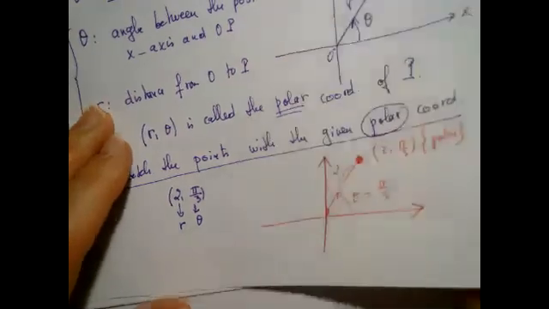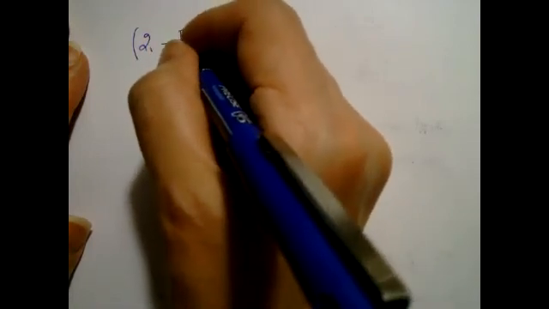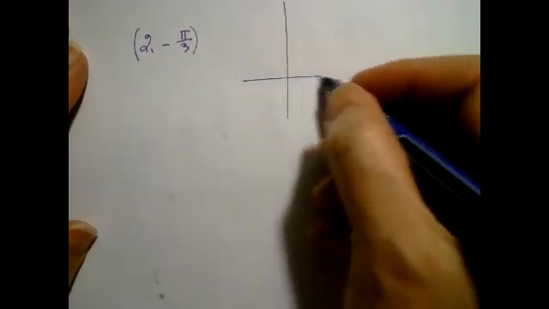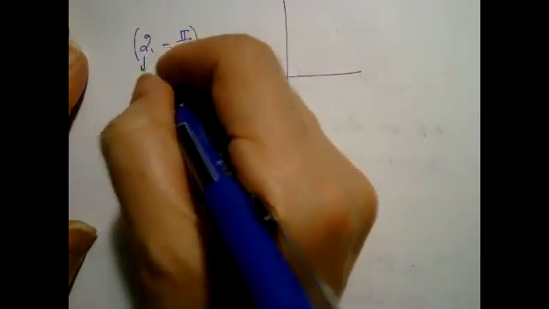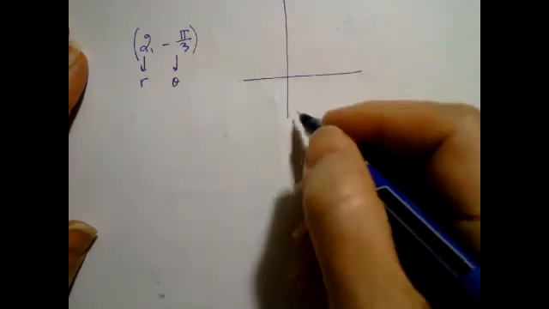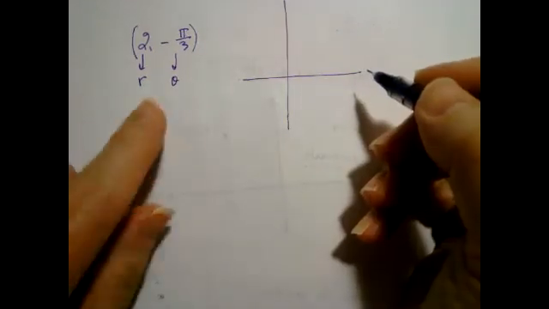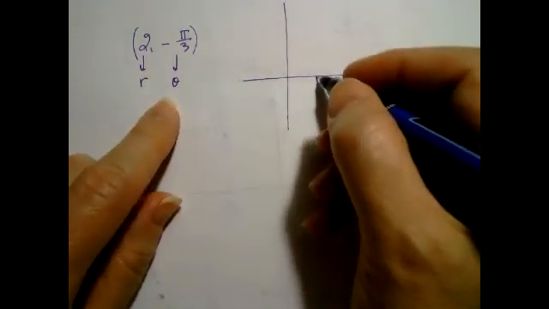All right, let me draw 2 more points so we know exactly how to draw a point when it is in polar. So suppose I give you the point (2, minus pi over 3). Okay, again, this is the R, and this is the theta. Theta is negative, and our theta is from the positive x-axis.